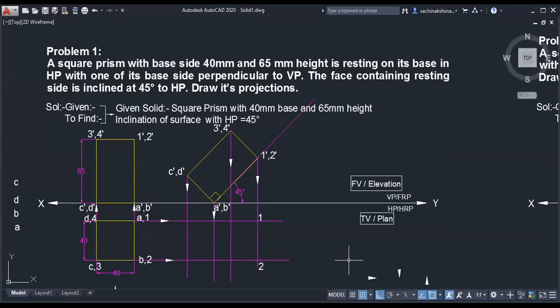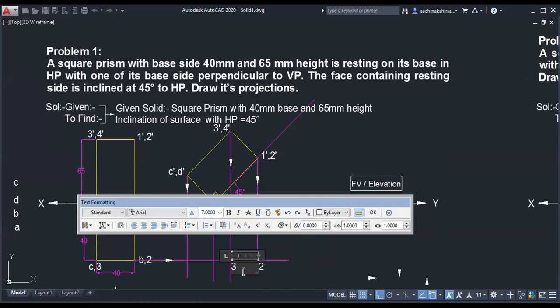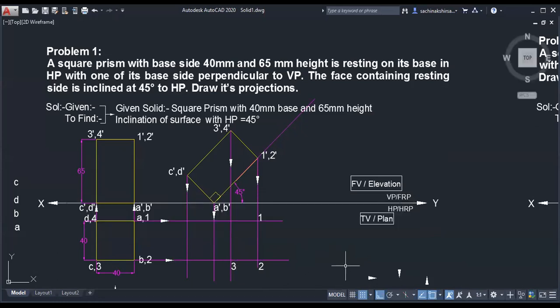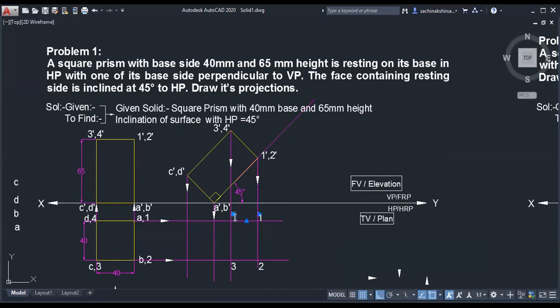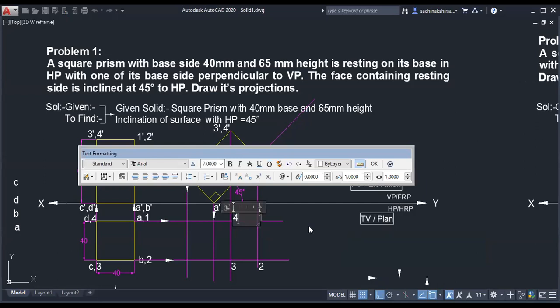Bottom, 2. Then point 3. Middle. Point 3. Then point 4. Very carefully you have to say. Middle above. Middle upper side.